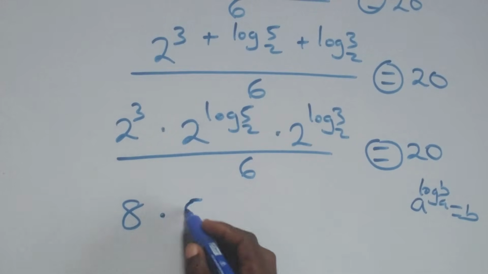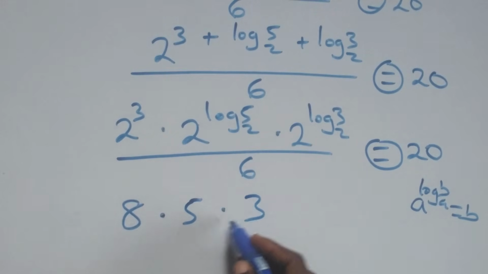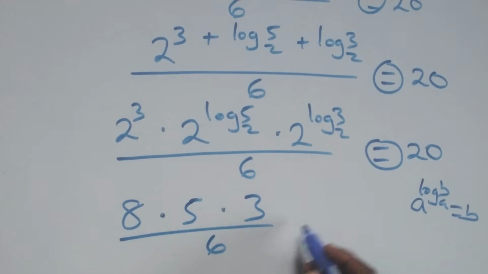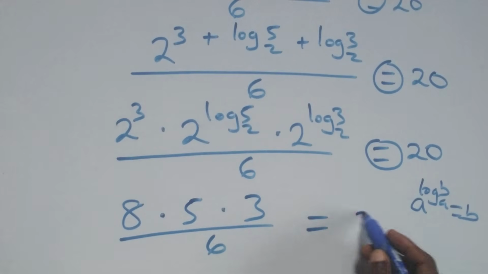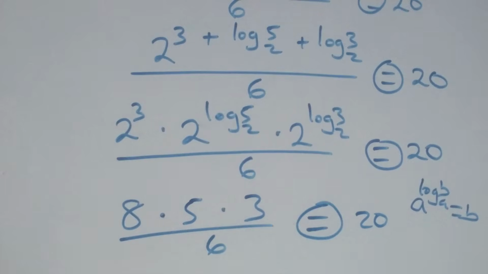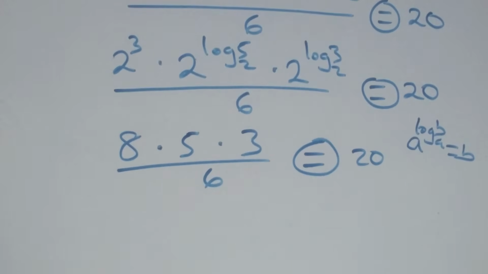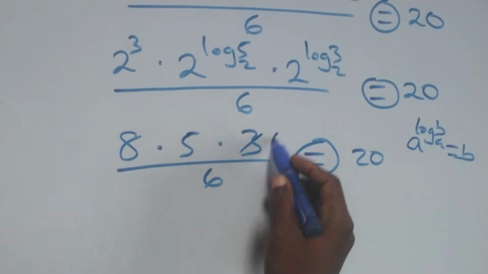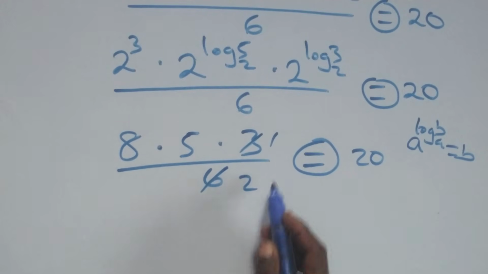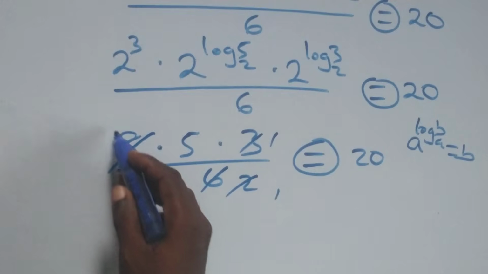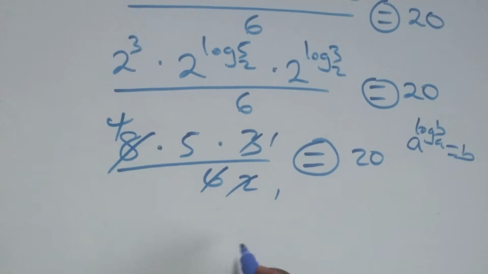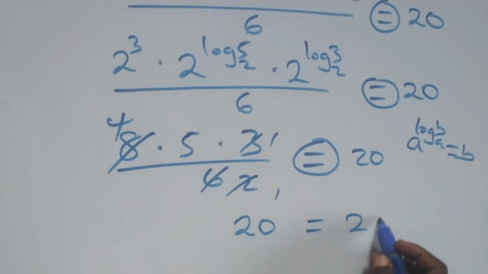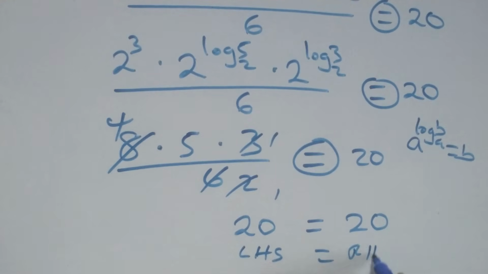So here we have 8 times 5 times 3 all over 6. Then 3 goes in 3 once, 3 goes in 6 twice, and 2 goes in 2 once, 2 goes in 8 four times. This remains 4 times 5, and 4 times 5 is 20, which equals 20 here. So the left hand side is now equal to the right hand side.